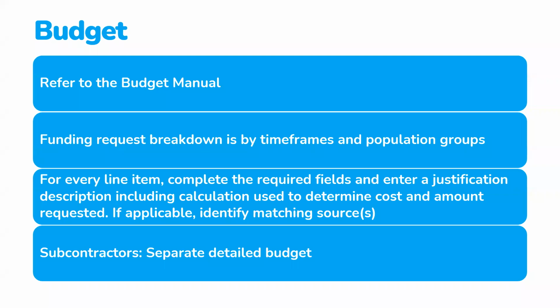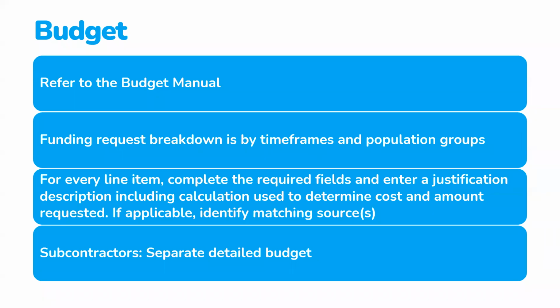When you're completing this very important and critical component of your application, which is the budget, you should refer to the budget manual. The RFP gives instructions and guidance, but the budget manual is the piece that should be referred to when thinking about this, and it's in the resources section of the application.